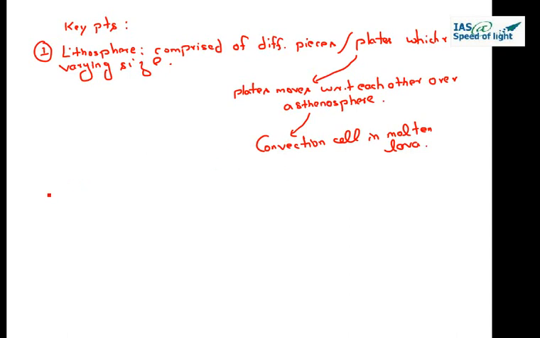Okay. Now the second key point, if we see, is something we call subduction. Now, as we have already pointed out in the last class, oceanic crust is much heavier, much denser than the continental crust.